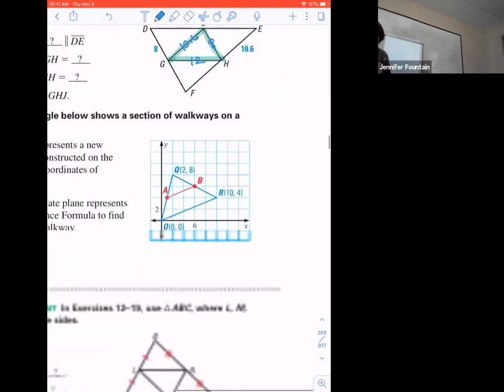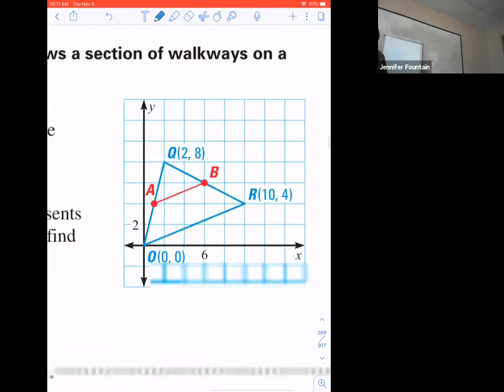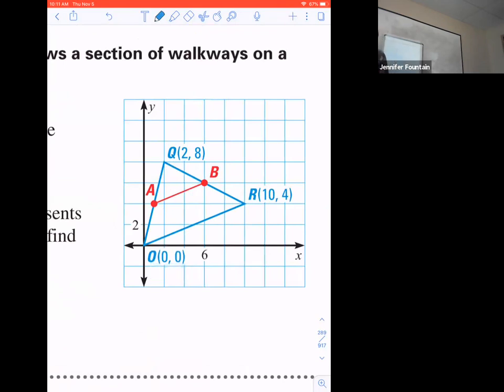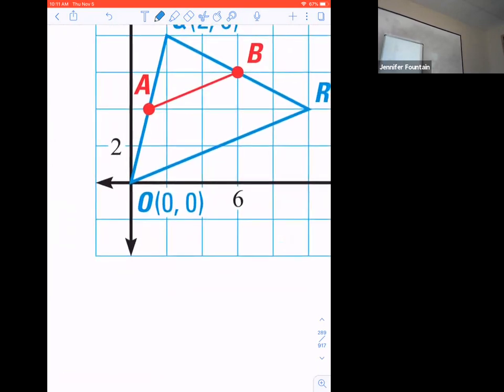Then you can see here we've got the mid-segment drawn on the coordinate grid. So we know that the distance from the origin O to R is what? Now also notice here, be very careful when you're looking at your graphs. Notice that they're saying that this first line is 2.